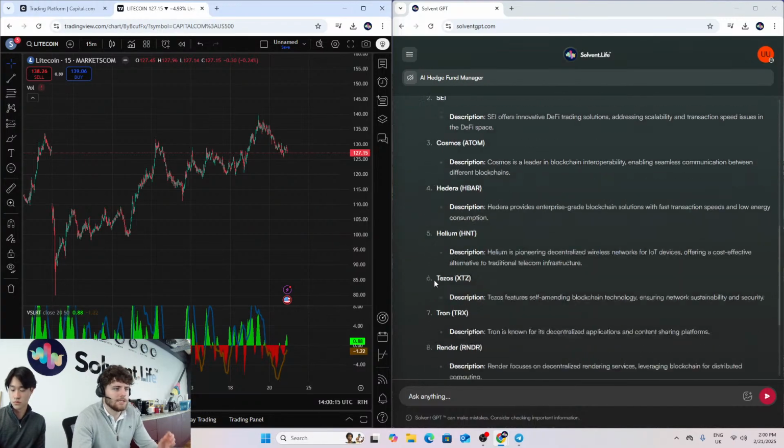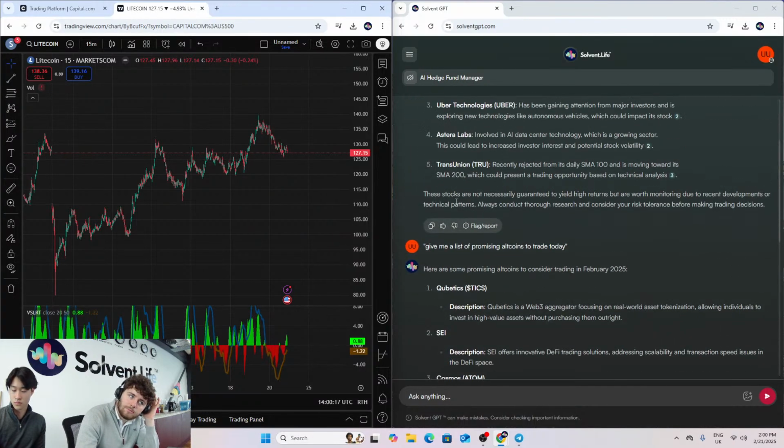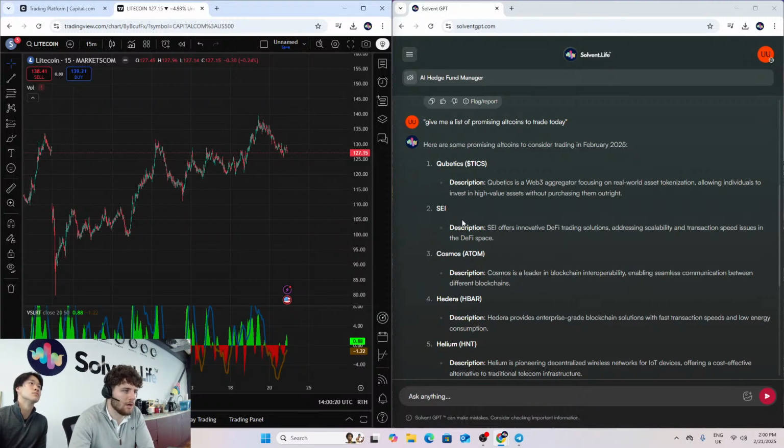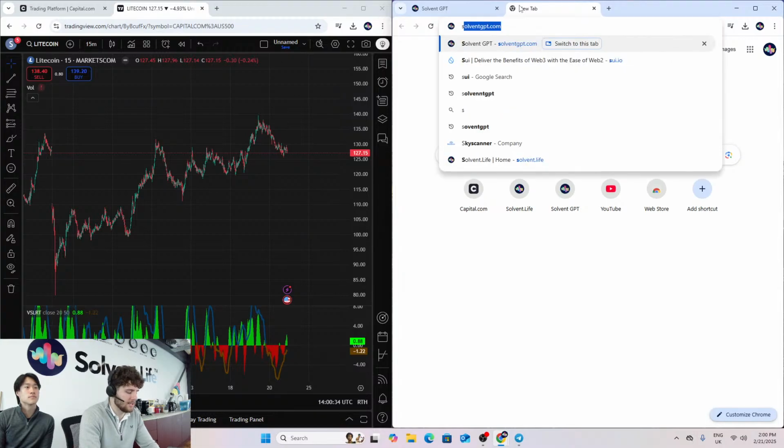Interesting. Let's take a look at, say, this is not one I'm particularly familiar with. It offers an innovative decentralized finance trading solution, addressing scalability and transaction speed issues in the decentralized finance space. Let's take a look.